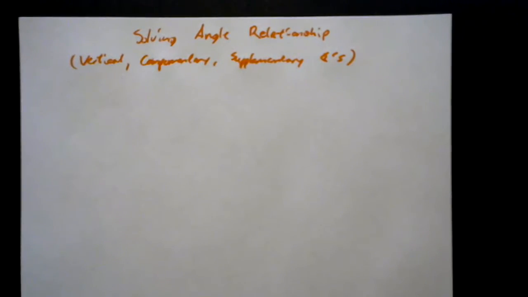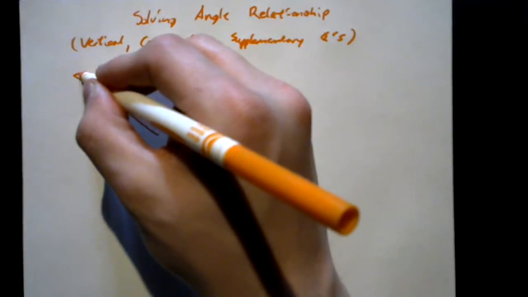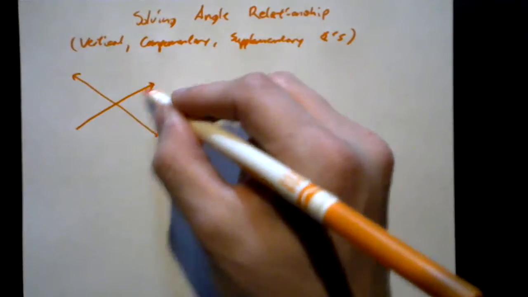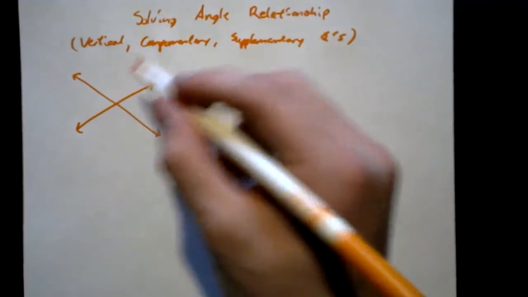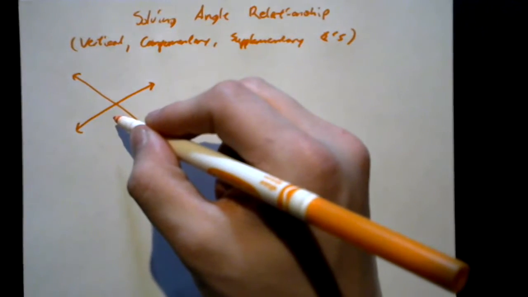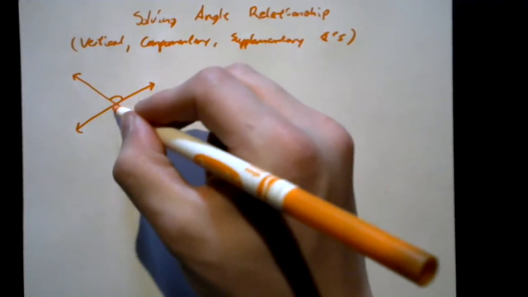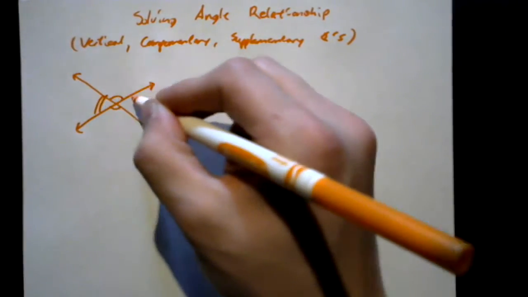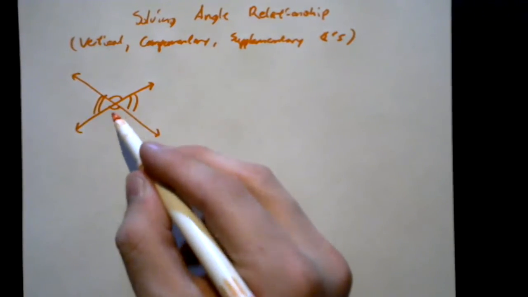So, in review, vertical angles are two lines that are across from each other and intersect each other, and the top and bottom are going to be equal to each other, and left and right will be. So we'll just draw it like this, and we'll draw this one like this to show that these two are going to be equal and these two are going to be equal.